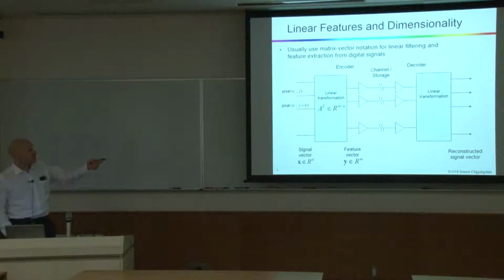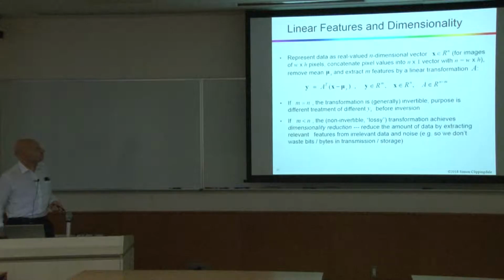Then at the end, after we've transmitted or stored and retrieved our signal, we do some kind of other linear transformation to reconstruct the signal vector sometimes, or we may just process these features as they stand. So we represent the data as this real-valued n-dimensional vector x.